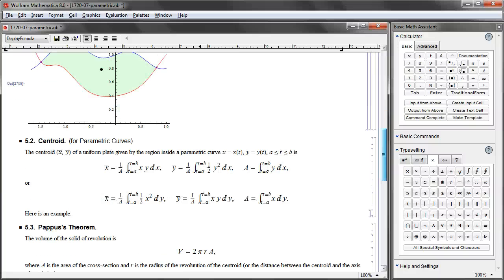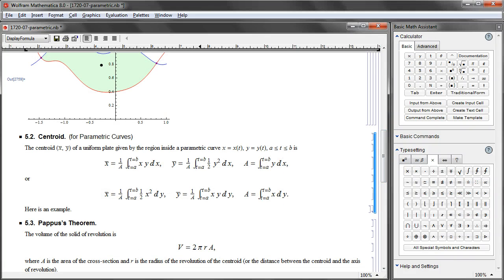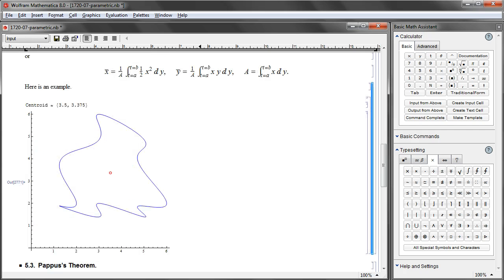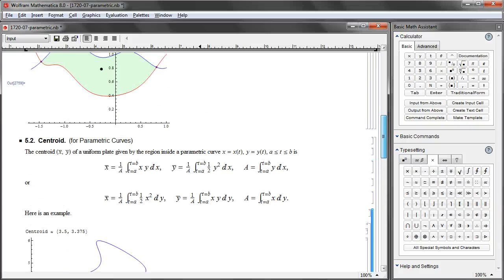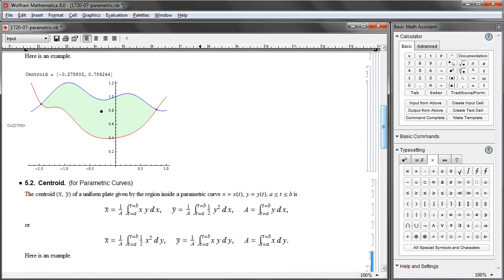And the centroid for a parametric curve makes a little bit more sense actually. And here's an example of a parametric curve. We have something like that, and the centroid is down here in the red dot. And let's see, area can be calculated by the integral of y dx, isn't it?